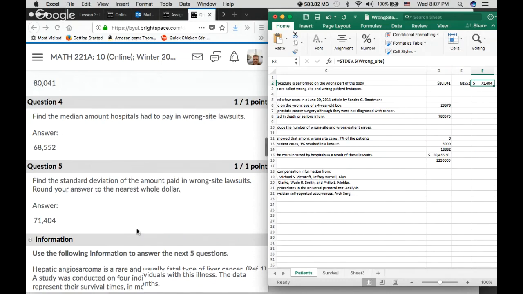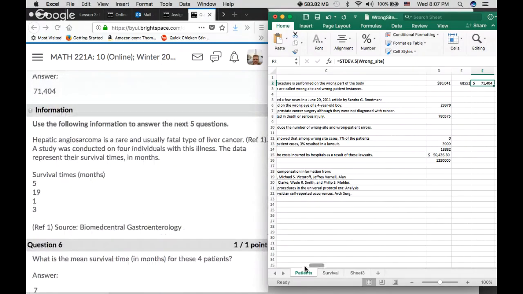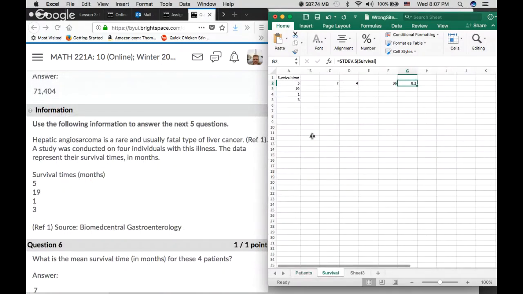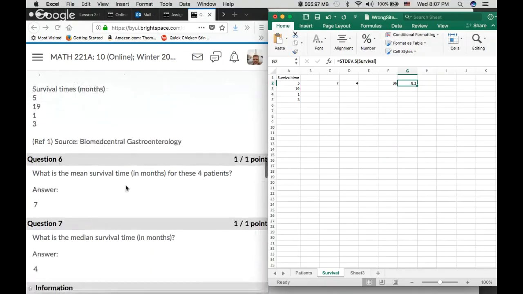And then the next one is for survival. We're looking at 4 patients, and these are their survival times with this type of liver cancer. Number 6 just wants to know the mean, or the average. I named these ones survival time.